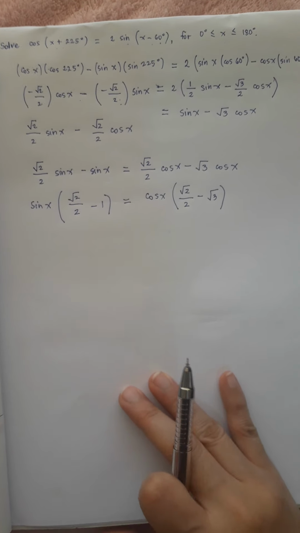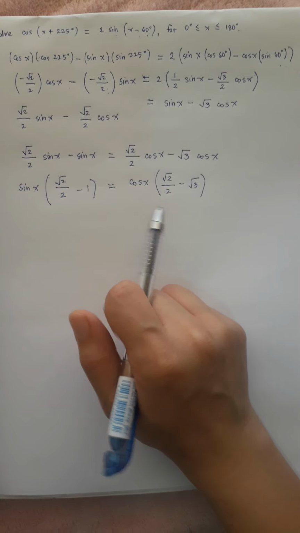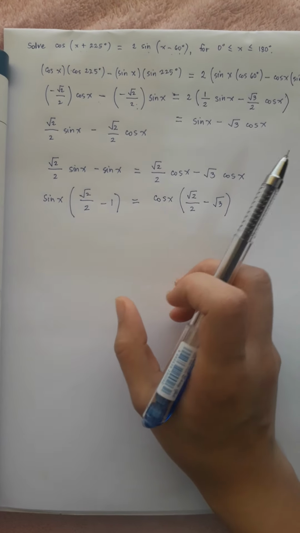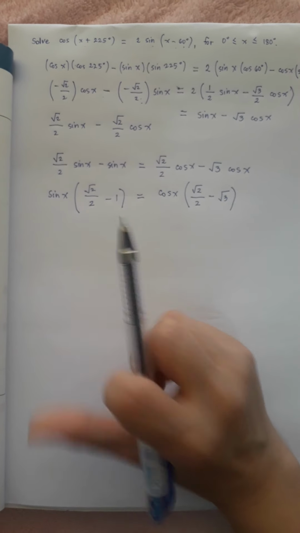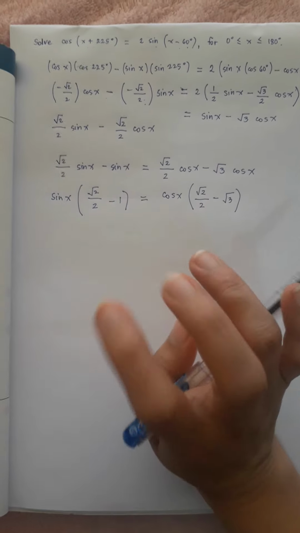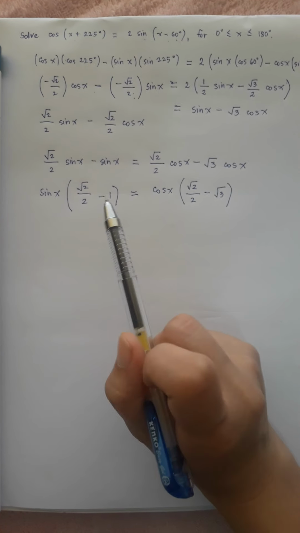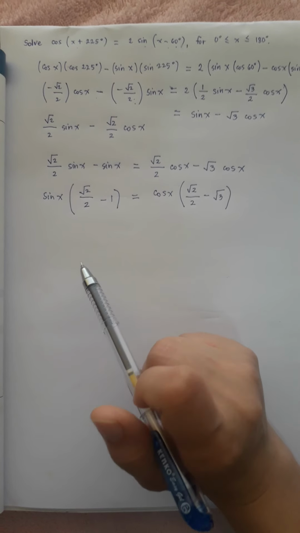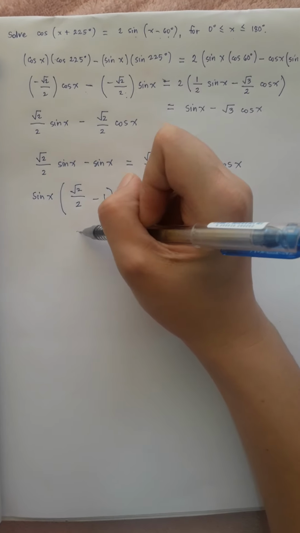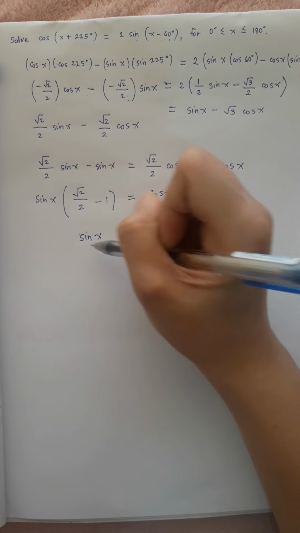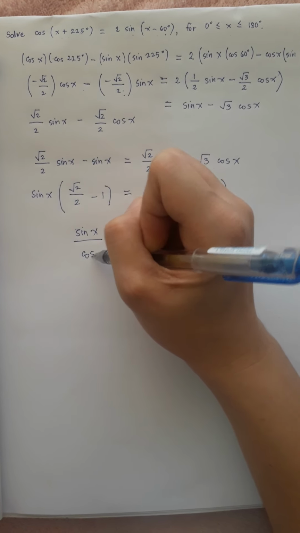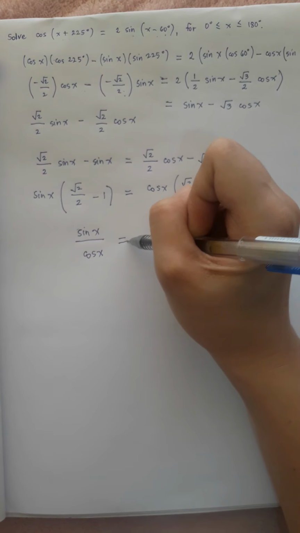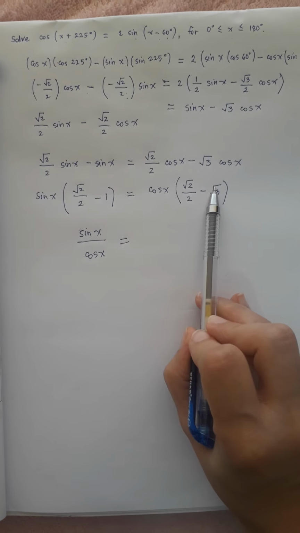Okay. So, like what we have said, when we are solving trigonometric equations, there has to be a single ratio only. Right now, we have two different ratios, sine and cosine. So, what is the trigonometric ratio that connects them both? That is tangent x, because tangent x is sine x over cosine x. So, we manipulate this equation so that we get tangent x.